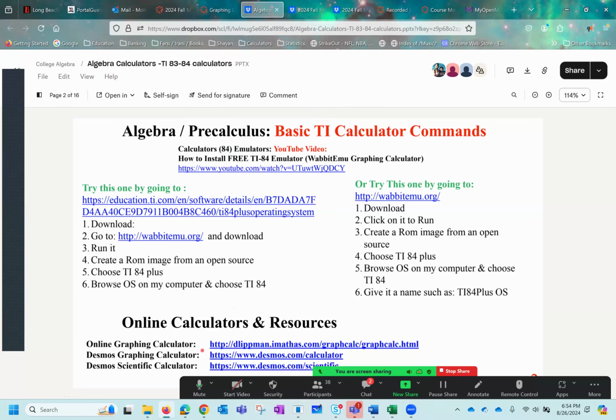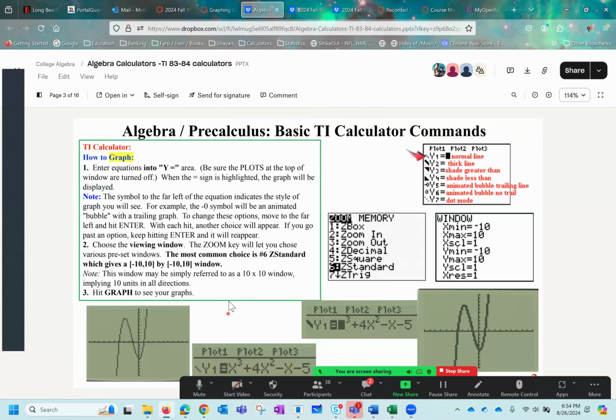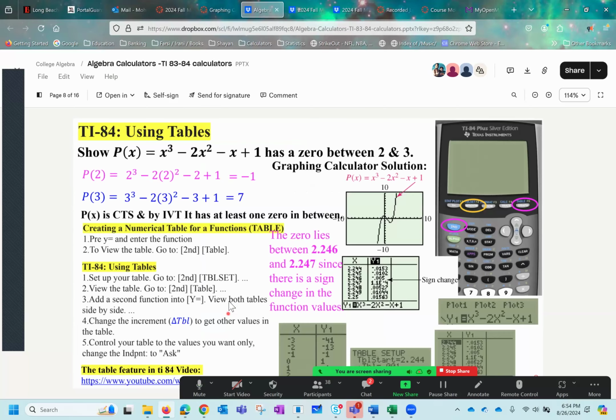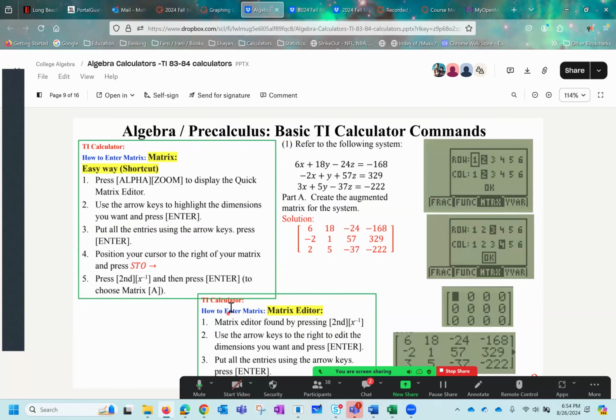There are more online calculators here. Each and every one of them is free. You don't have to pay a penny for it. And if you scroll down, you see the commands. So that's a resource for those who need it.